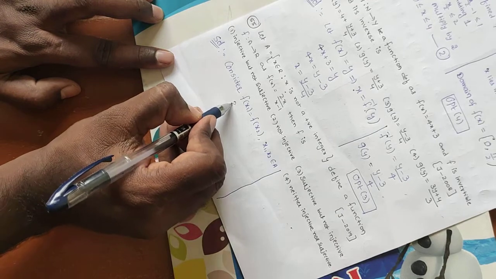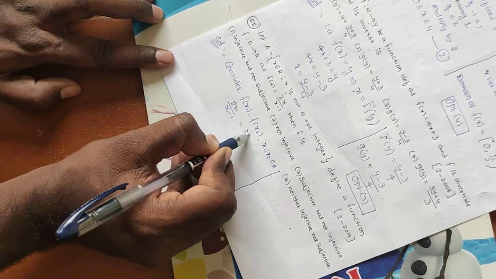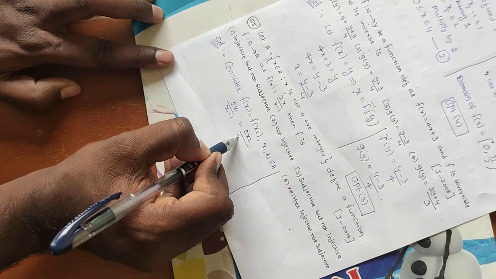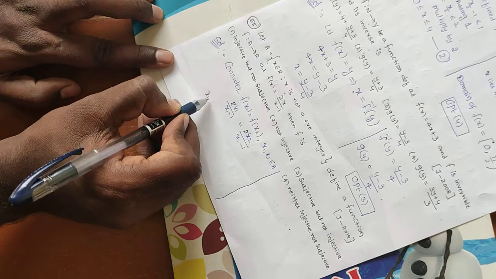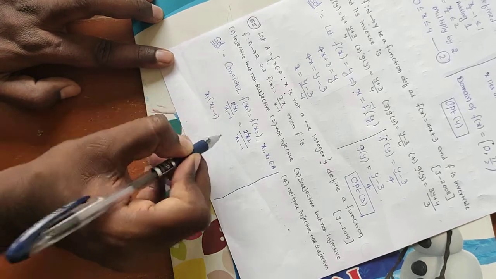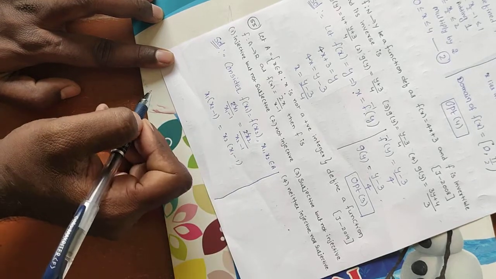Okay, f of x1 means 2x1 by x1 minus 1 is equal to 2x2 by x2 minus 1. 2 gets cancelled. Now x1 into x2 minus 1 is equal to x2 into x1 minus 1.